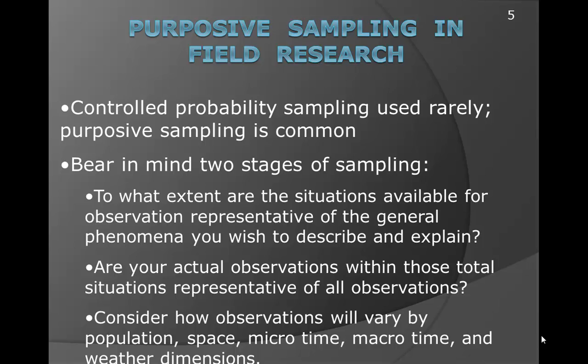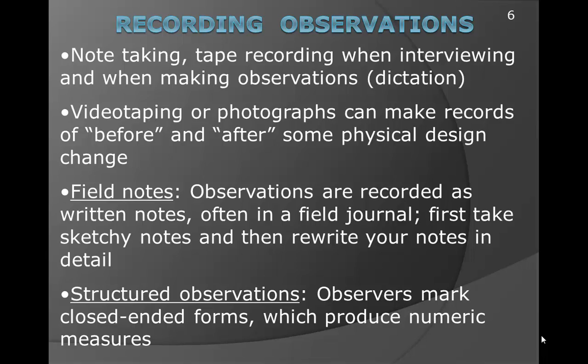Are your actual observations within those total situations representative of all observations? And then consider how observations will vary, as I mentioned earlier, by time, space, weather dimensions. All of those things can come into play.